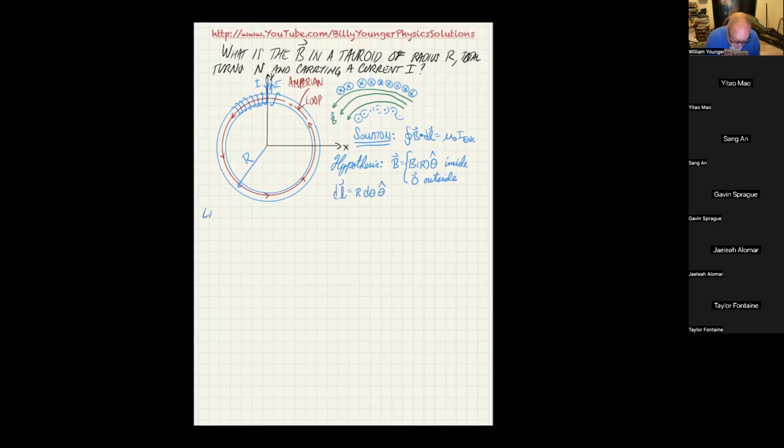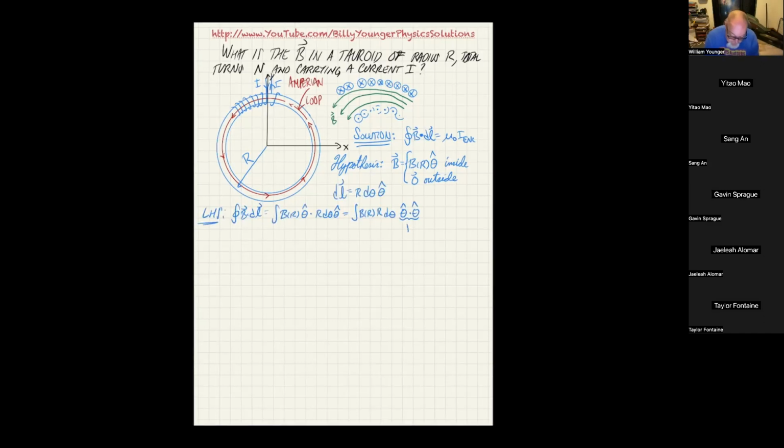Now I'm going to say the left-hand side, the closed integral of B dot dL, is equal to the integral of B of r theta hat dotted with r d theta theta hat, which again, using the linearity of the dot product, I get B of r times d theta times theta hat dot theta hat, which is just one.